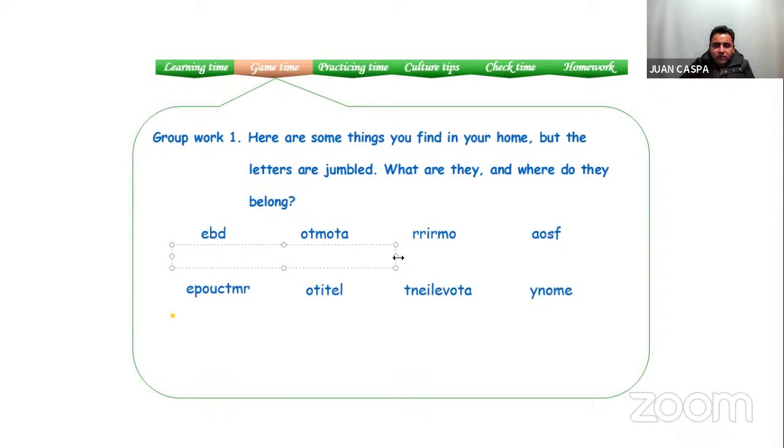Sorry, the first word is Enzo. Can you help me out to unscramble this one? This is bed, right? Sorry, bed. And how about this one? The second one.